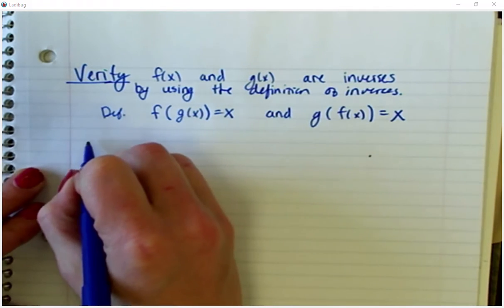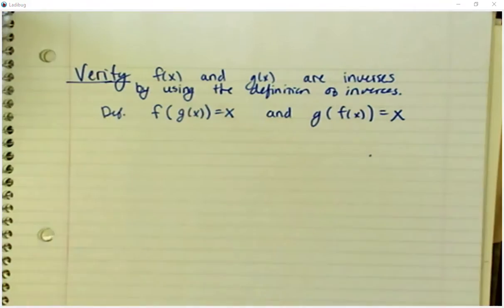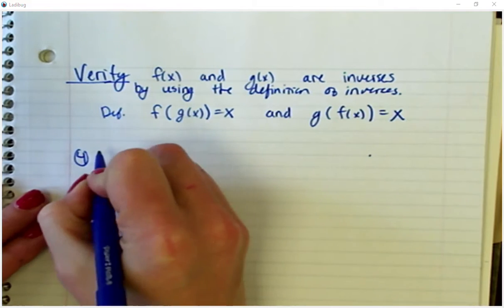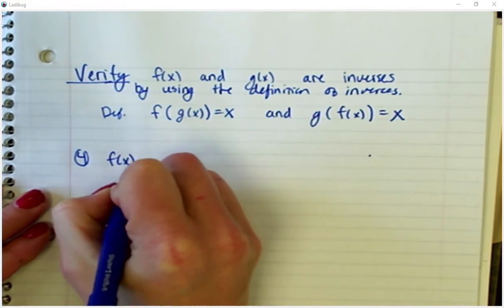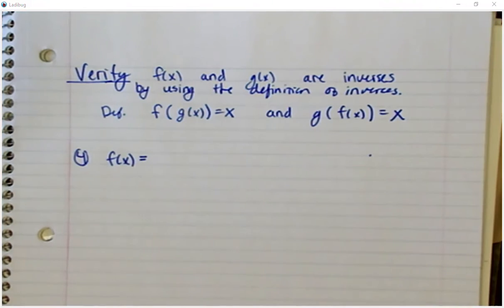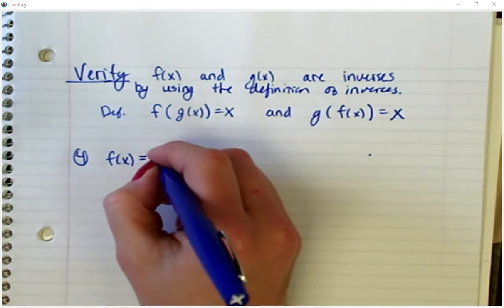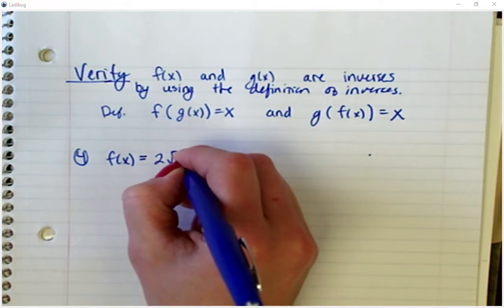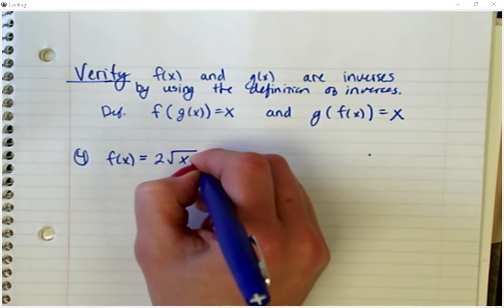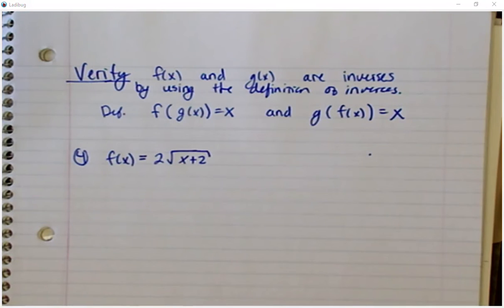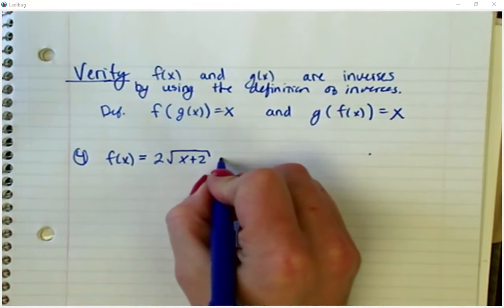Given example 4. This is our last example. F of x equals 2 root x plus 2 minus 3.